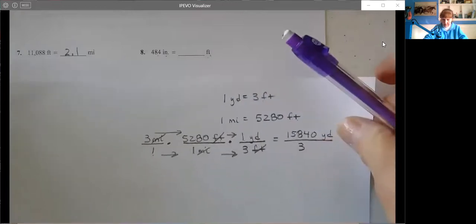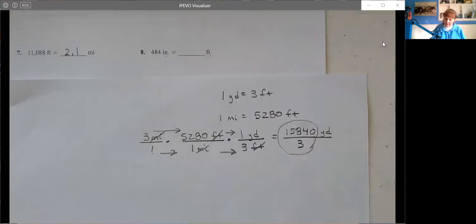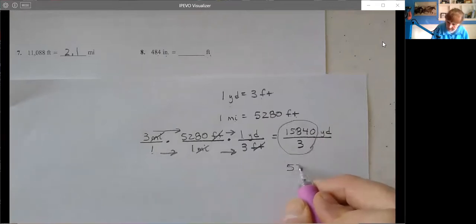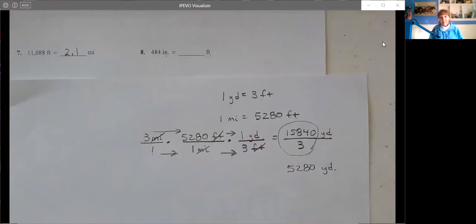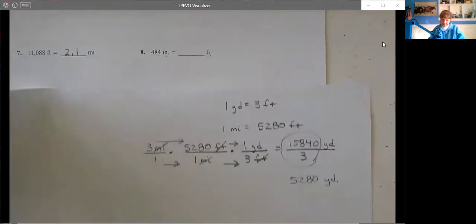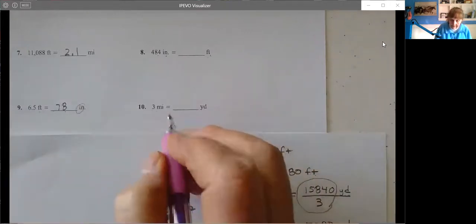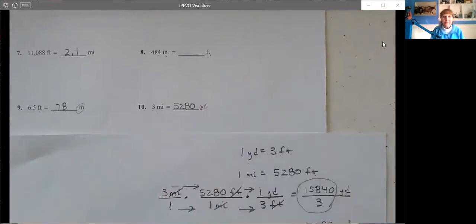Now you can use your calculator to divide that out, and you'll come up with 5,280 yards. That's how many yards are in 3 miles. All right, that is our English to English as far as the unit conversions, multiplying by 1, sometimes a couple of times.